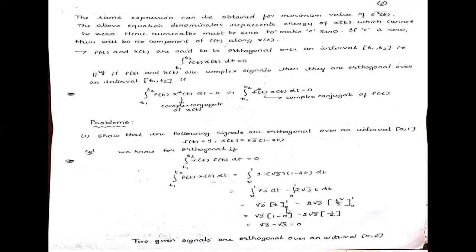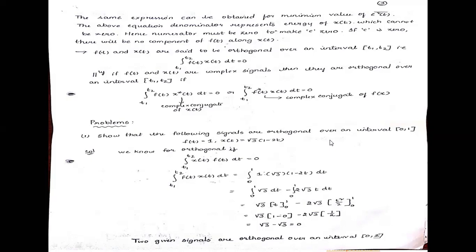So we get root 3 t, with limits from 0 to 1, minus 2 root 3 into the integral of t, which is t to the power n plus 1 by n plus 1.